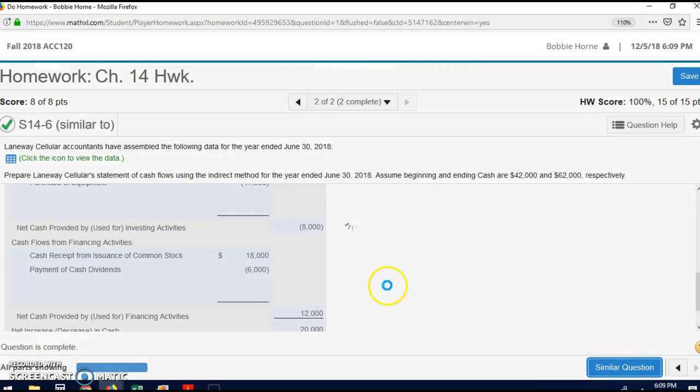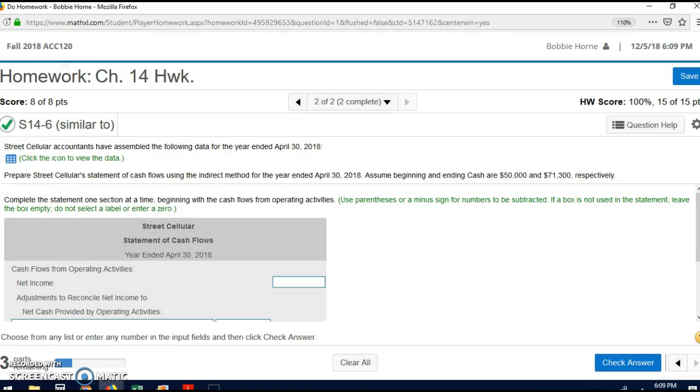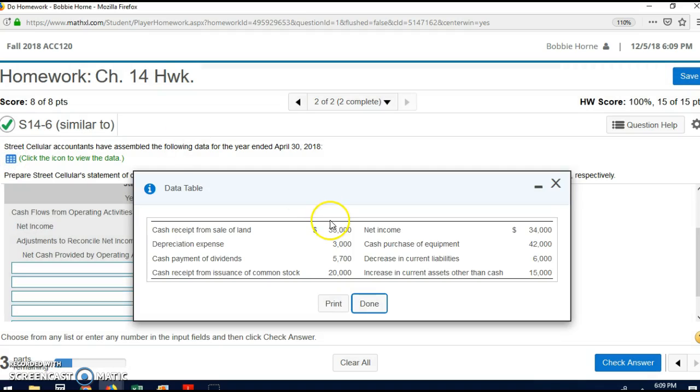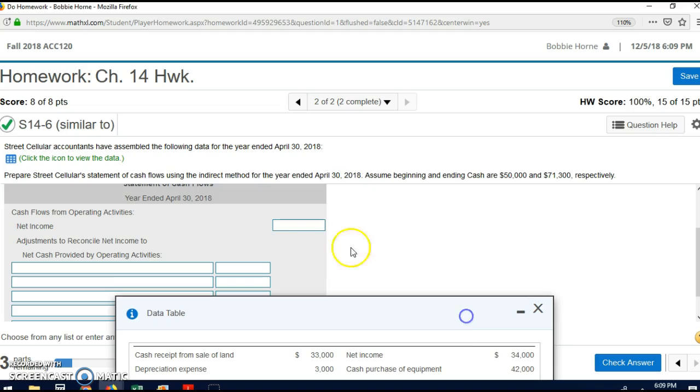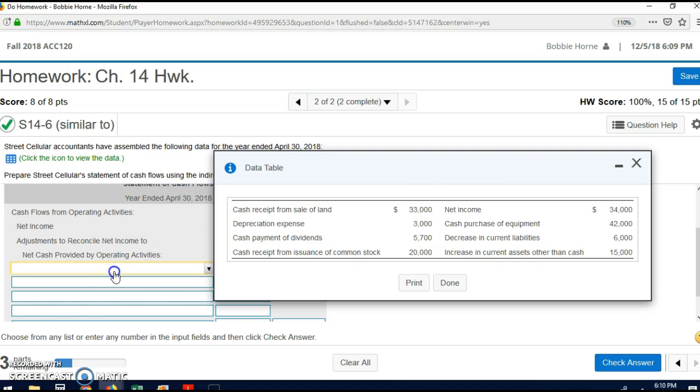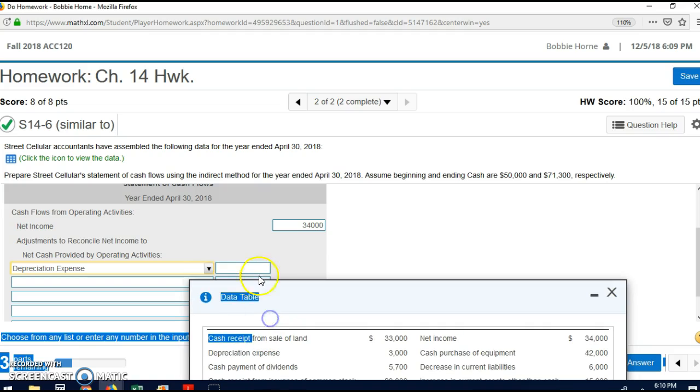And then for the last one, we're going to do the full cash flow statement. So we have net income of 34,000. And then for operating, it looks like we have depreciation expense of 3,000.